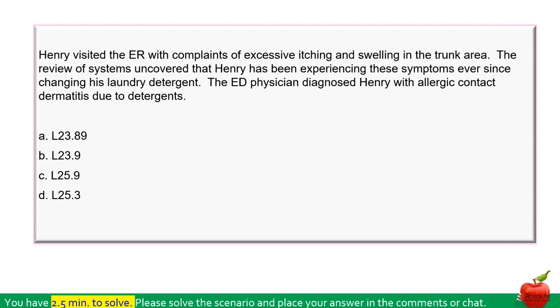The review of systems uncovered that Henry has been experiencing these symptoms ever since changing his laundry detergent. The ED physician diagnosed Henry with allergic contact dermatitis due to detergents. All right, I want you guys to take a go at this. You've got 2.5 minutes to solve, and your time begins now.